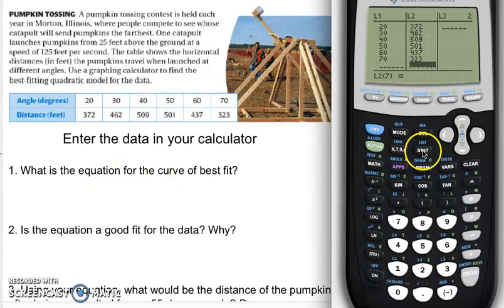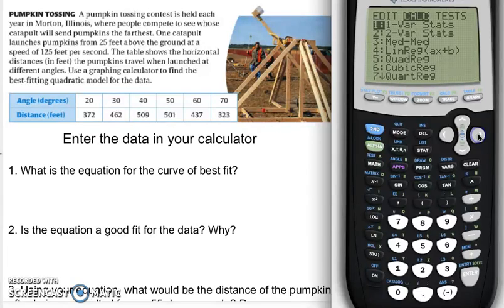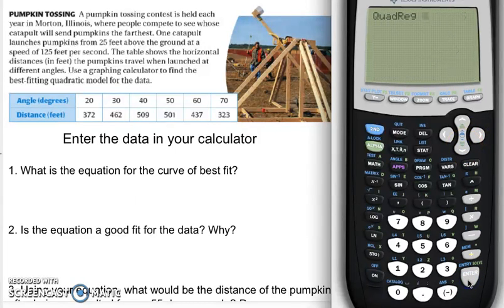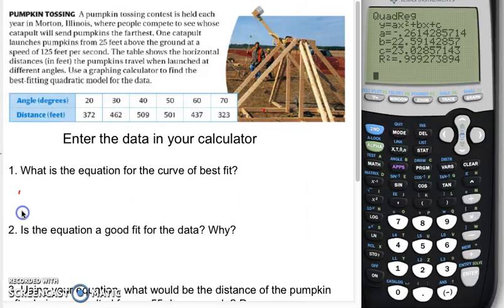Once you type in the data in the calculator, to get the equation for the curve of best fit, we're going to go stat, go over to calculate, and press 5. I think you have to scroll down on yours, but this is your equation. We're going to round everything to the nearest thousandth, so that would be 3 decimal places. Here's my a, so start with y equals negative 0.261, and then I need my x squared after my a value.